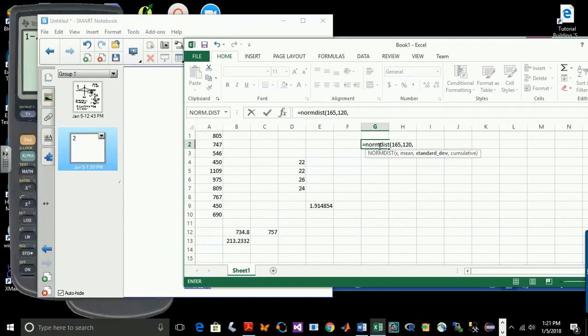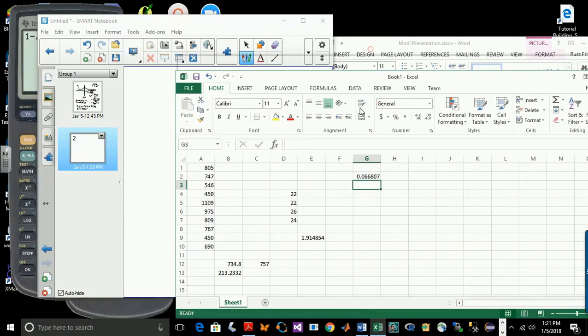And then the standard deviation is 30, and we want cumulative. And so we get, again, 0.9331. So what we really want is 1 minus normDist, since we're looking at a value to the right of 165. And so that's 0.066807. Okay, good.